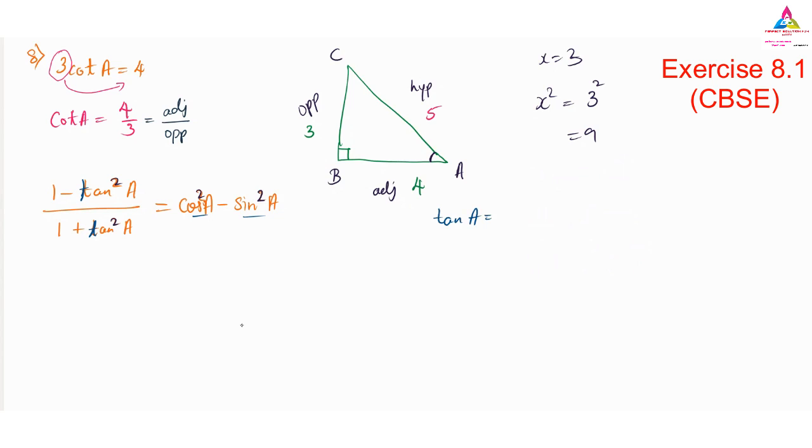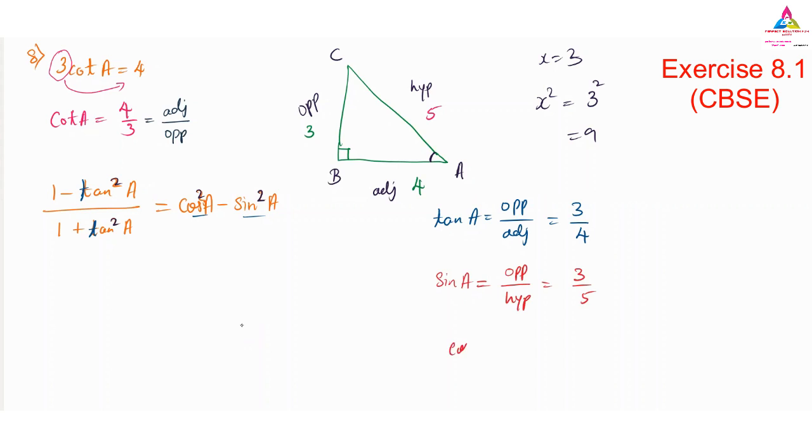So tan A is opposite by adjacent. The opposite side here is 3 and the adjacent side is 4. Next we move on to sin A. Sin A is opposite by hypotenuse. Opposite is 3 and our hypotenuse is 5.